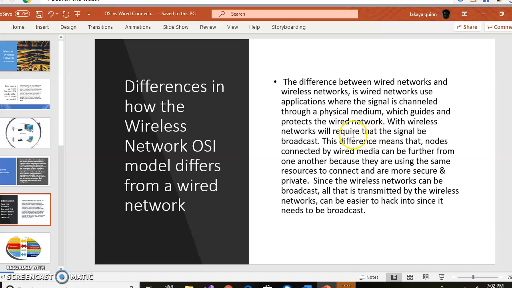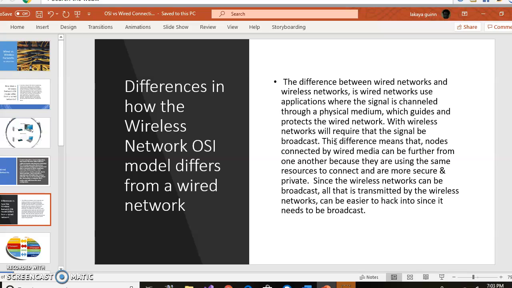With the wireless network, the signal requires to be broadcast. So when the broadcast is transmitted, the wireless network can be easier to hack into, since the streamline is broadcast and it needs to be broadcast.